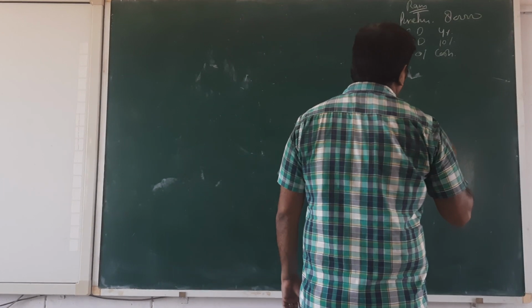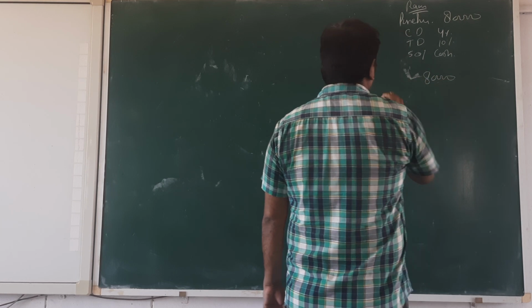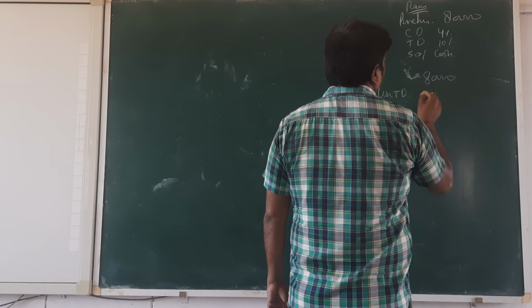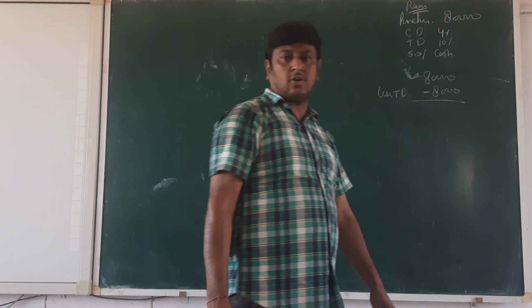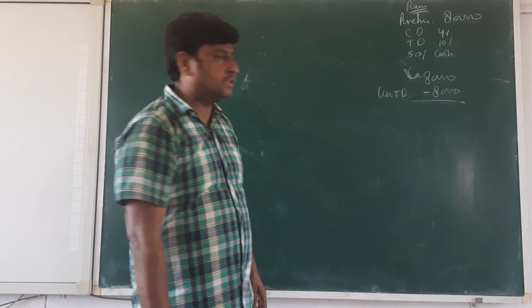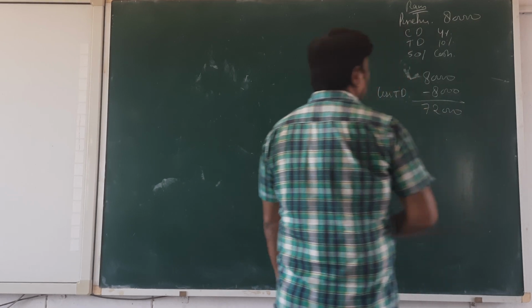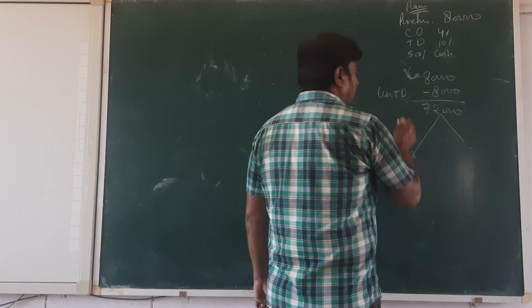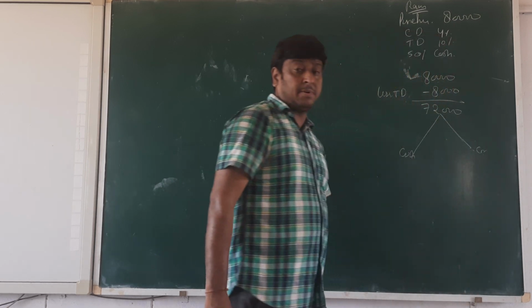So just see how we show it. First the purchase amount is 80,000, then less trade discount 10%, which is 8,000. Then the remaining amount is 72,000. Then it is divided into two parts: one is what amount is paid in cash, and the other is what amount goes on credit.